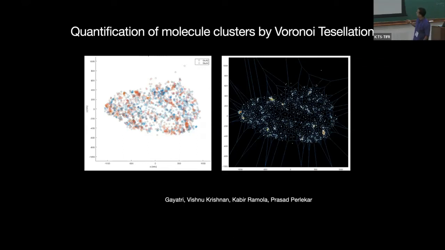And also other examples from our data, whereby we can collect information on receptors which are on the postsynaptic side, which are detecting the information. And I'm sorry, this is not visible, but this is a Voronoi diagram over here, whereby we are trying to now also find out the degree of clustering of these molecules. This is being done in collaboration with Vishnu Kabir as well as Prasad Perlikar at TIFR Hyderabad.